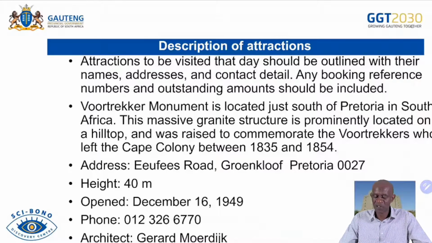This is one of the historical attractions. It has captured the history of South Africa, and that is how it can be briefly explained to appeal for the type of tourist.